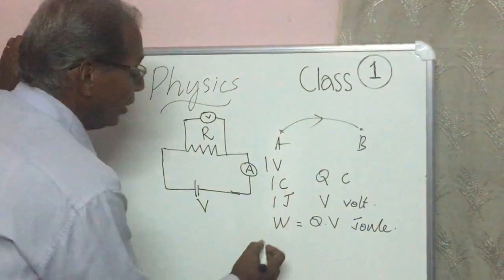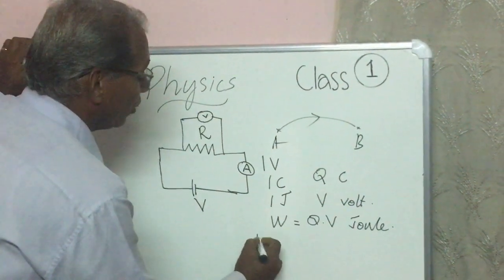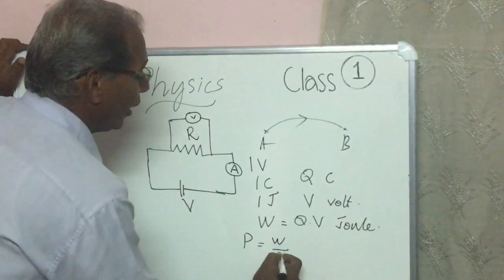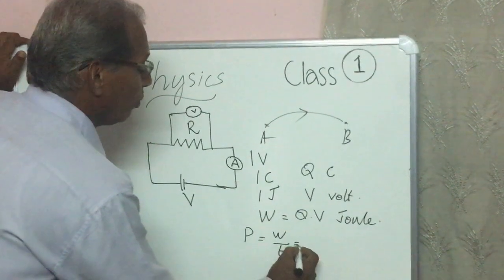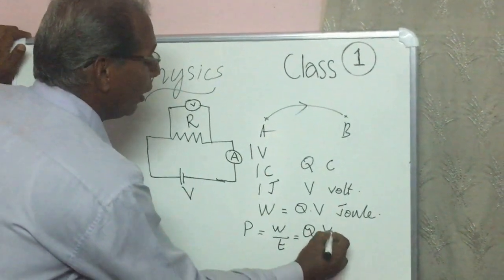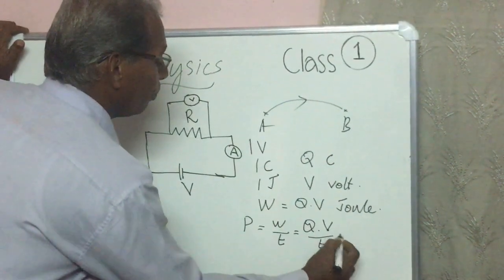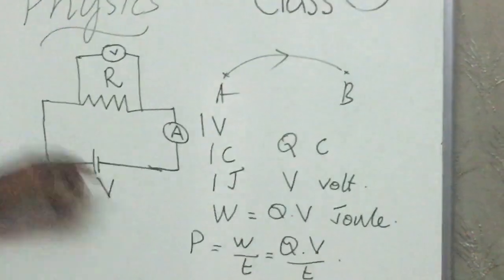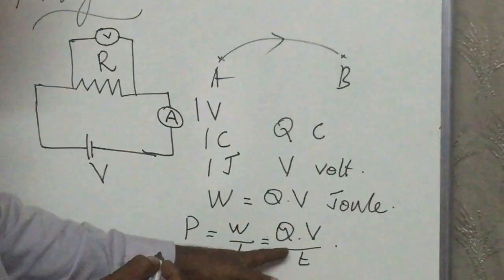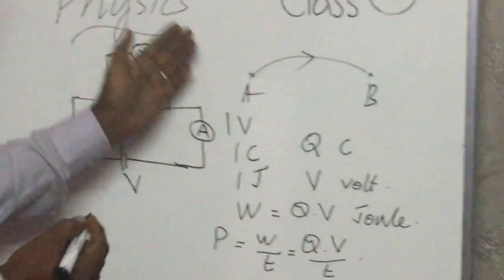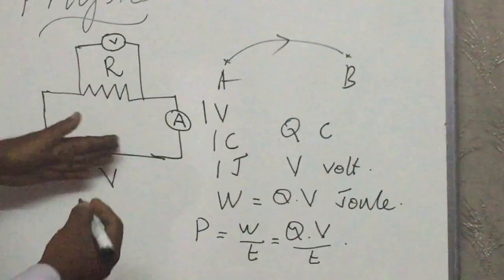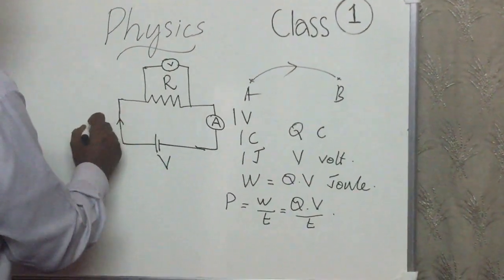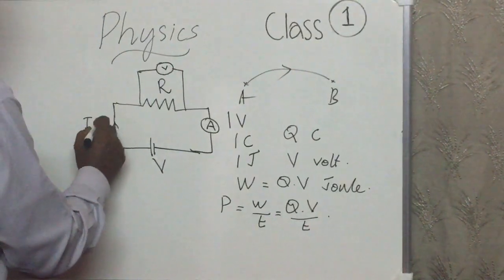In 1 second, the power of the battery we can calculate as P equals W by T, which is nothing but QV by T. This charge is flowing through the circuit with a current that can be measured using an ammeter, and we can consider it as I amperes.